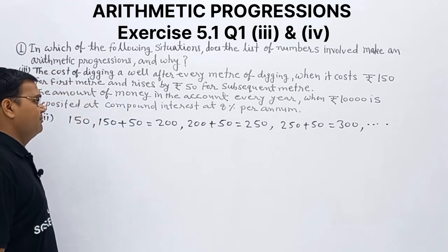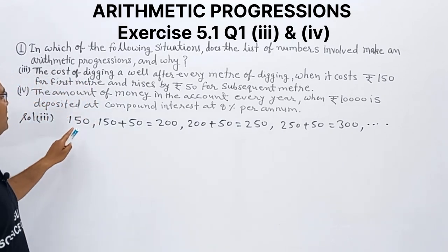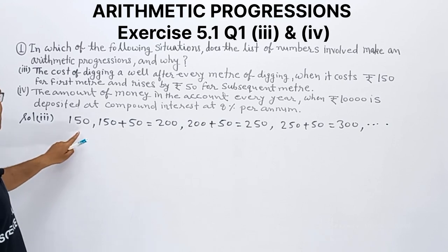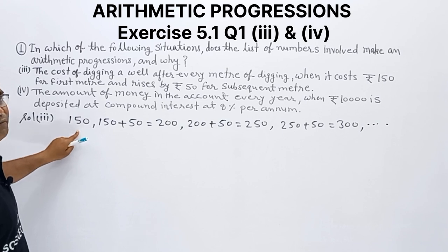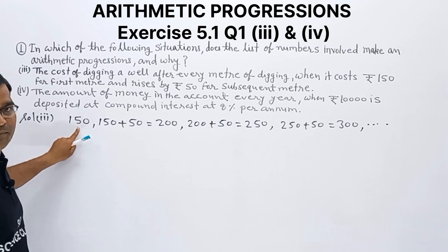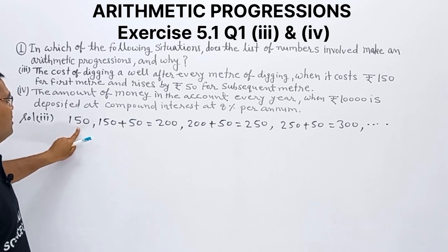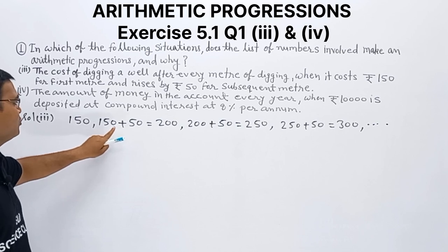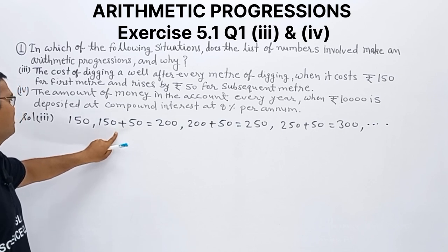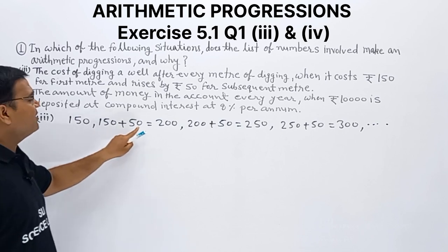Observe carefully what we are doing in this question. For digging a well, cost of the first meter is 150. After the first meter, we are increasing the cost by 50 rupees. So for the second meter, cost will be 150 plus 50.